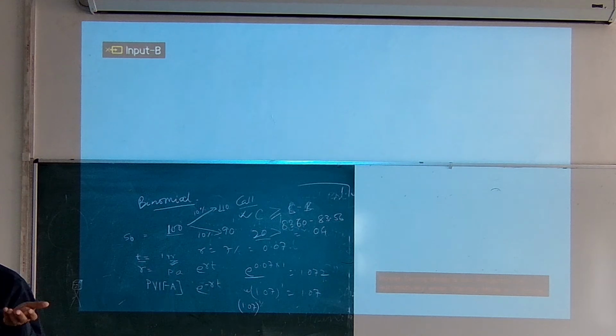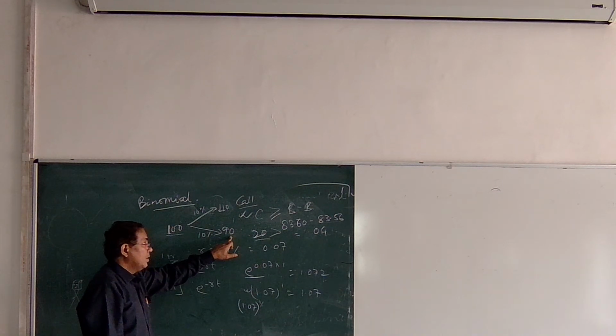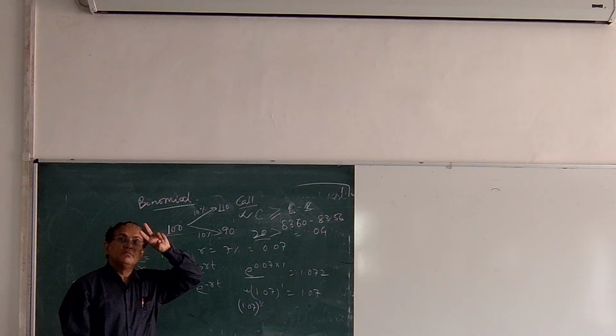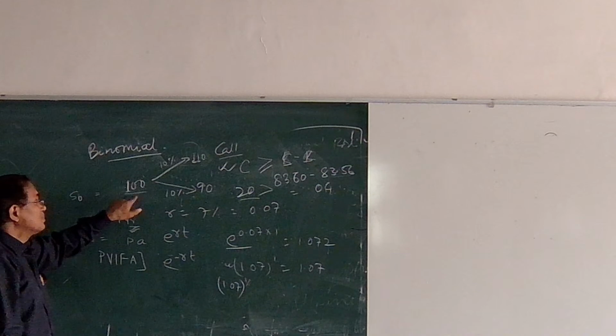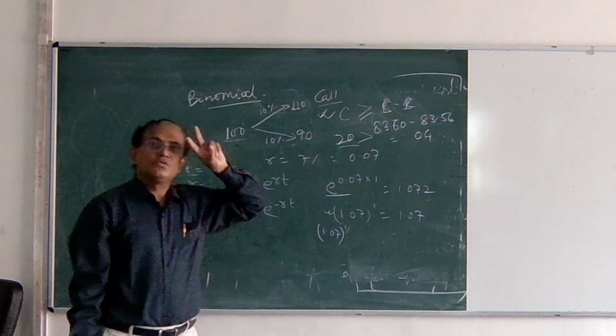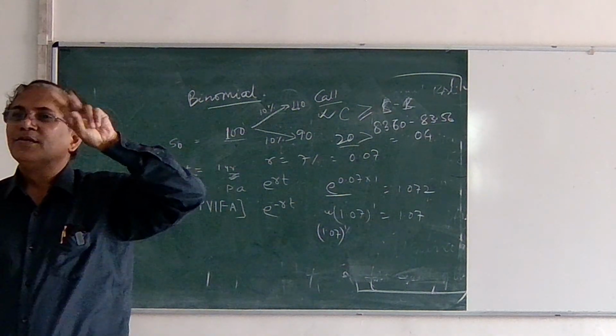How much call premium is going to be there? Either of the two prices, 110 or 90, could be possible 1 year hence, whose spot price is right now 100. We are going to take only two branches, because the method is binomial.